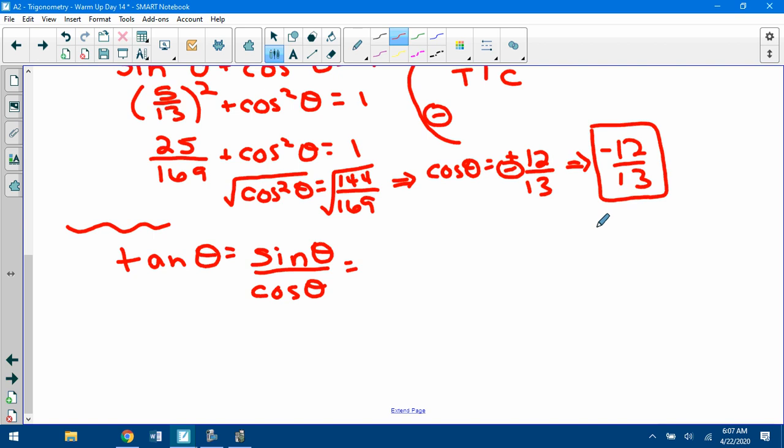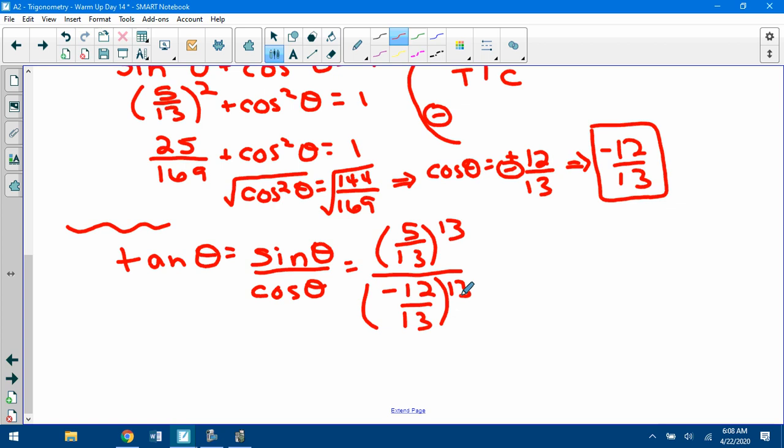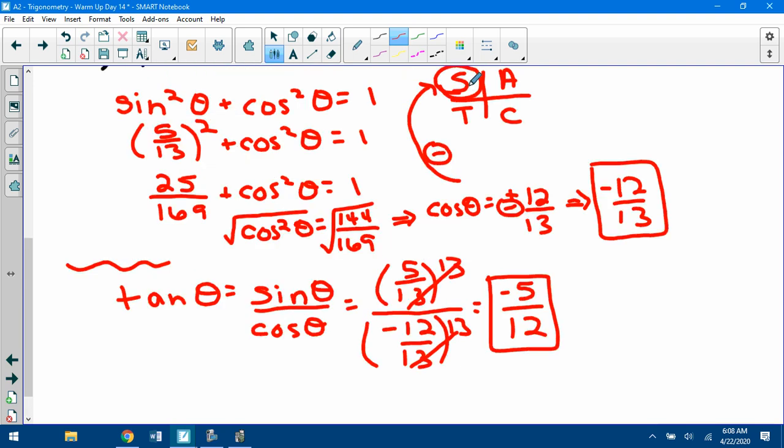But sine was 5/13 over cosine was negative 12/13. Complex fraction, multiply top and bottom by 13. So negative 5/12. And the negative kind of comes for free, but tangent in quadrant 2 should be negative. You can check it that way.